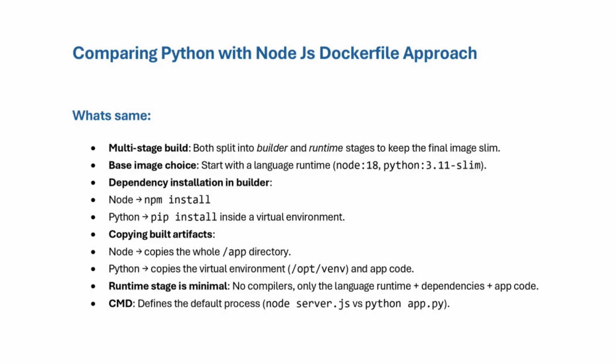For example, in Node, as I mentioned, node server.js would mean that when we run our application locally, we use this command, node server.js. So the application would run on port 3000. It's the same in Python. Instead of node server.js, we use python app.py to do the same as what CMD does in Node.